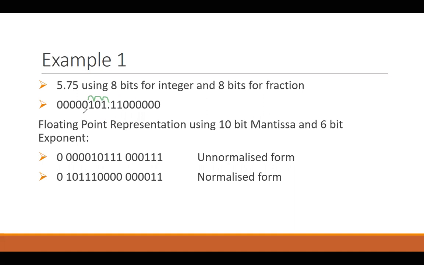From the left, you can see that the first pair of alternating bits is this 0 and 1. Since the value is positive, I have to look for my 0 and 1. Now I only had to make 3 shifts, so the value of my exponent is going to be 3, and this is going to be my normalized form.